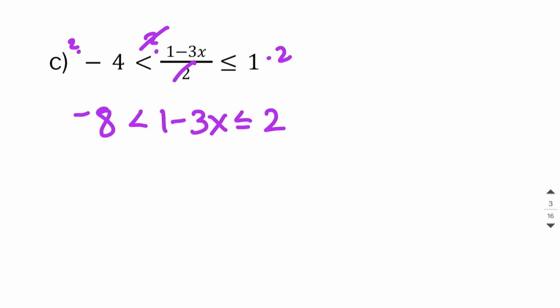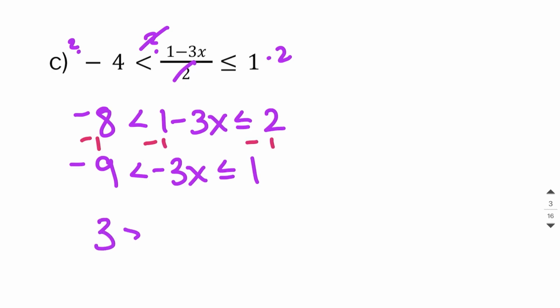Okay. So then right here, I can go ahead and isolate the x inside of here. So I would subtract the 1 from everything. So the 1 gets subtracted here, here, and here. And then I would divide everything by -3. So this would turn into a +3 is greater than x.